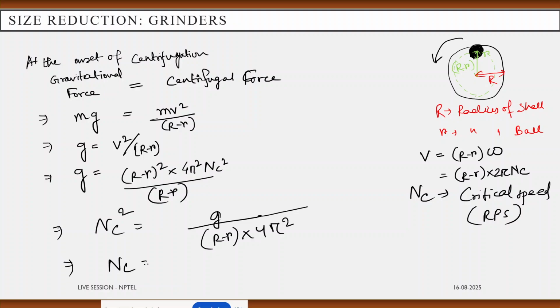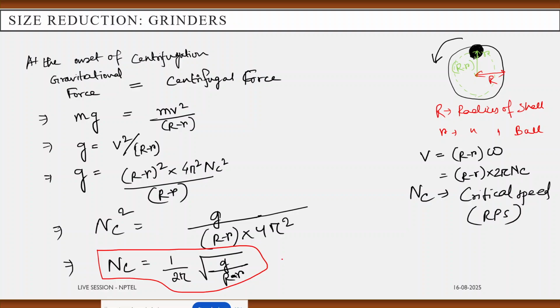From there we can write nc equals 1 by 2 pi root over g by capital R minus small r. So this is the formula for calculating the critical speed of the ball mill.